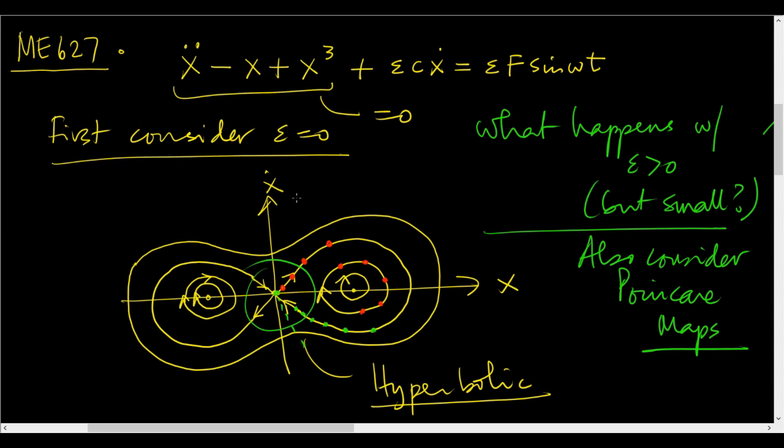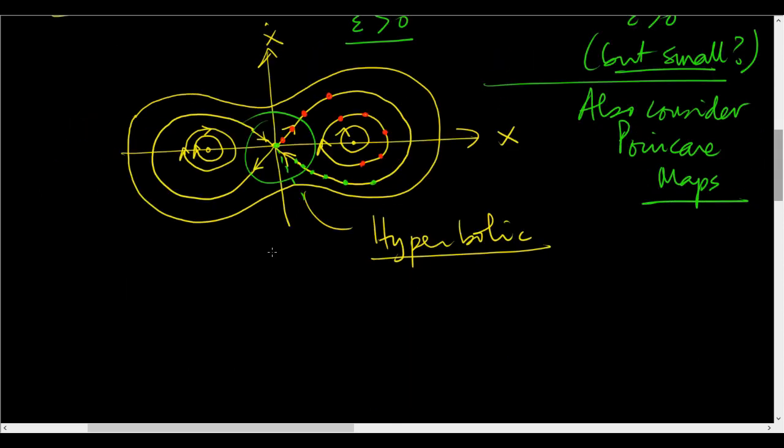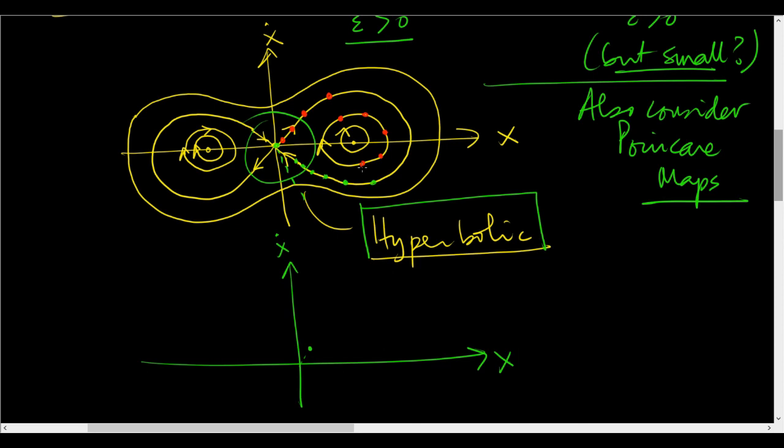So what will happen is, if we take epsilon greater than 0 but small, then in the same Poincare map, maybe this fixed point will be perturbed by some small amount, but the fixed point will survive. Because it is hyperbolic, you can do numerical root finding and see that you will find there is such a fixed point.